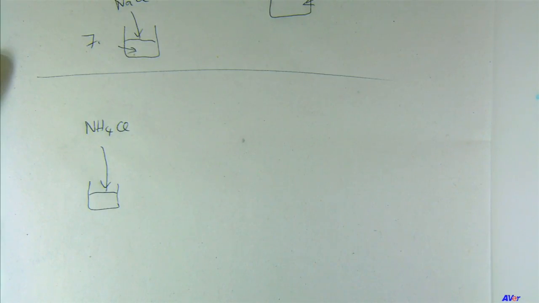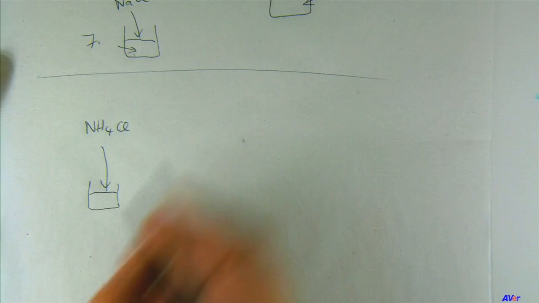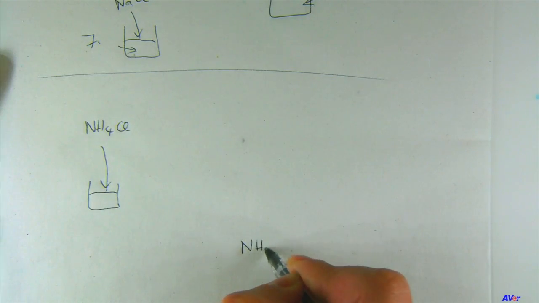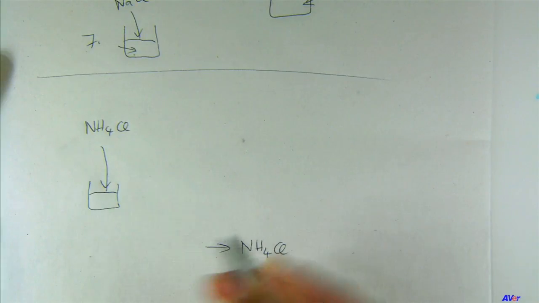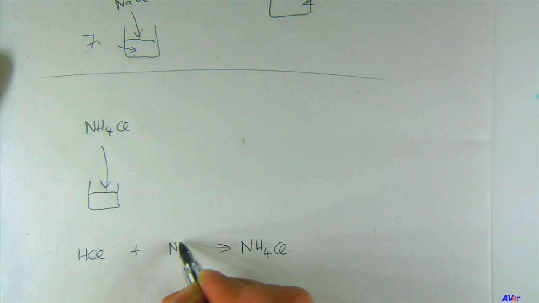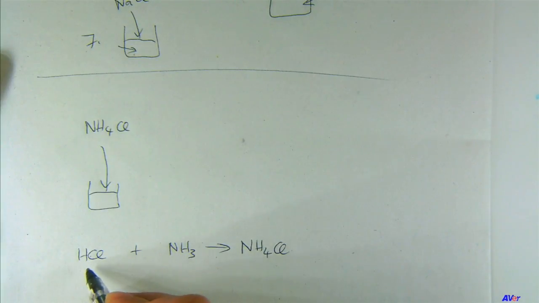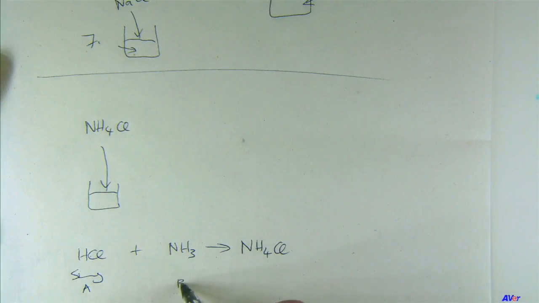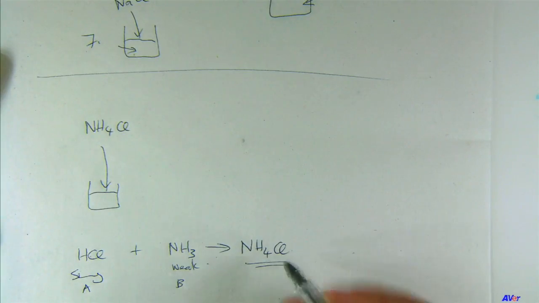So let's think, what acid and base should I have used to make ammonium chloride? What acid? Hydrochloric acid. What base? NH3. What do we know about this acid? Strong. What do we know about this base? Weak. So that means the acid is winning. So if I put this into water, it will be an acidic solution.